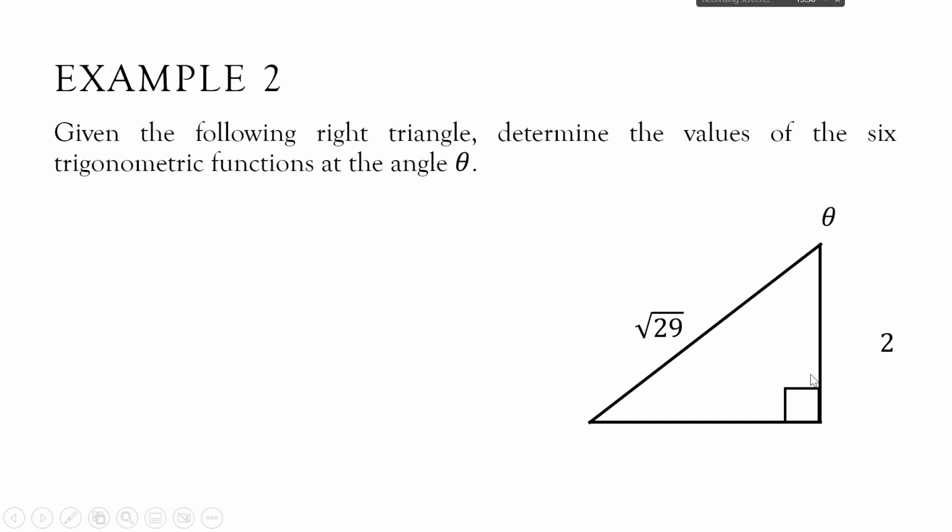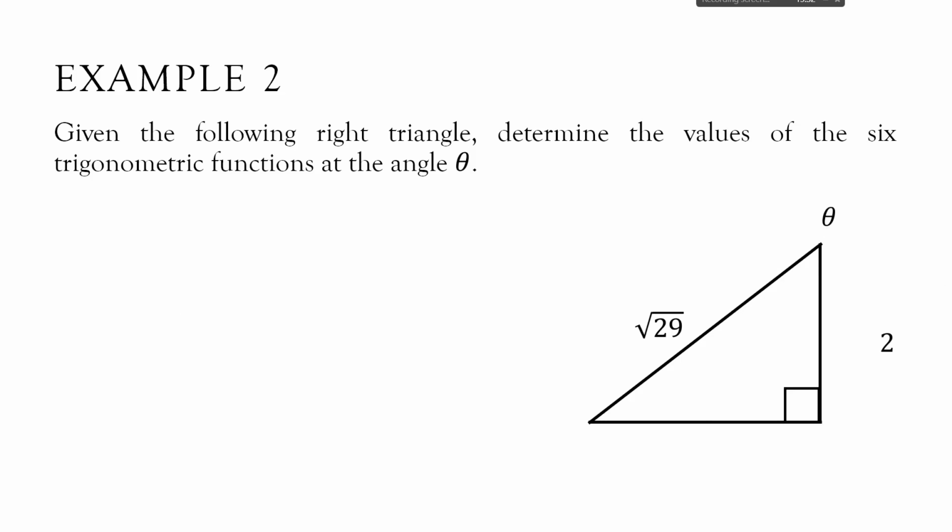So we're going to split this up into 2 parts. The first part being I need to figure out what this third side is. After I figure out the third side, I can move on to part 2 where I can figure out what are my 6 trig functions at the given angle theta, where theta is this angle on the top right this time.